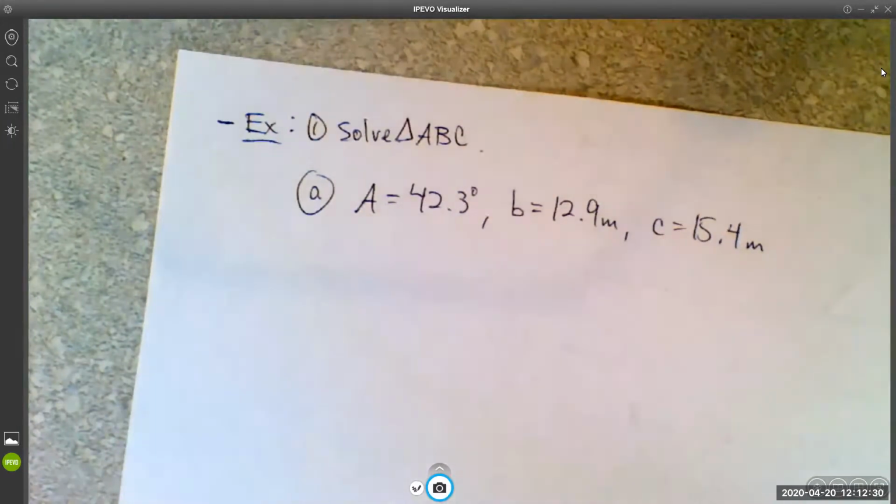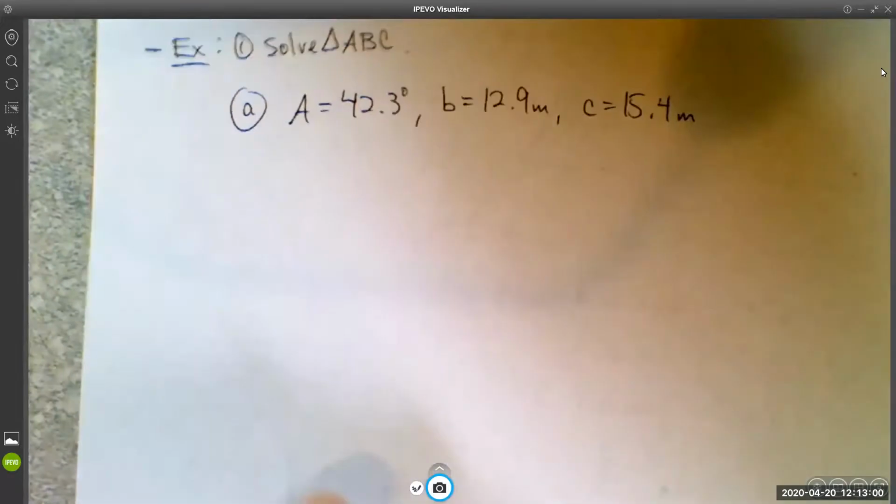Go ahead and pause the video, see if you can work this out on your own. Draw a picture. If you draw a picture, I think what you're going to find is that we've got a side angle side situation here. So you'll have to apply law of cosines, at least on your first step. And then after you have some more information, you might be able to apply law of sines or something else, right, to finish solving. But I'll let you pause the video, see if you can work this out.